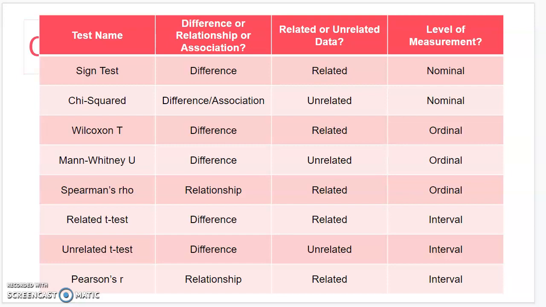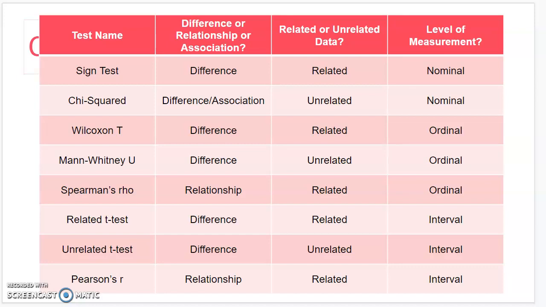In terms of getting the marks, just saying, for example, Wilcoxon is appropriate because it's a test of difference, it's related, and it's ordinal, is not enough. In order to really pick up the marks, you need to make sure that you contextualize your answer to the given scenario. So say it's a test of difference because they're looking for the difference between silent and noisy, for example.